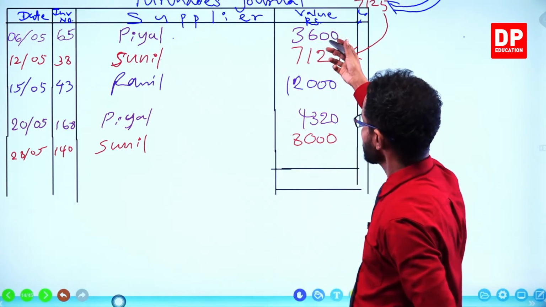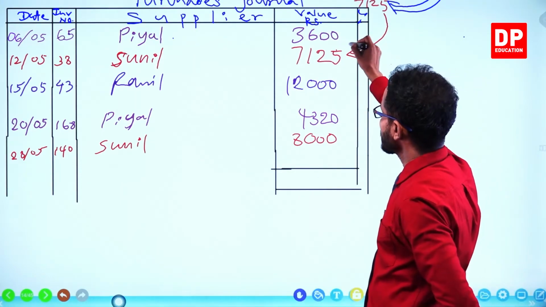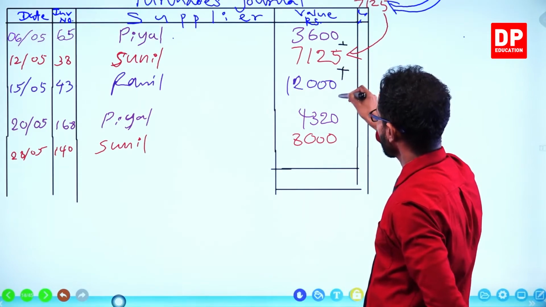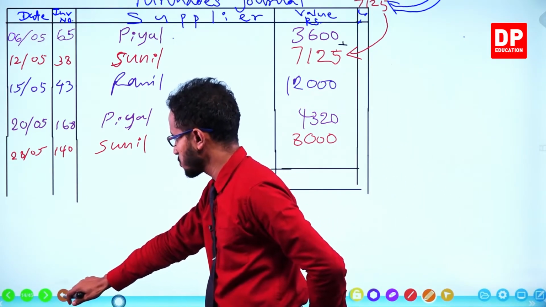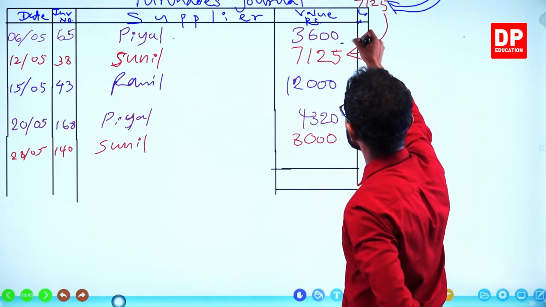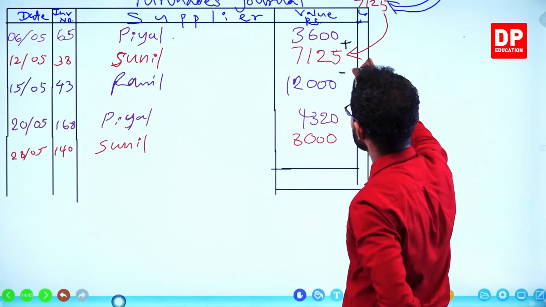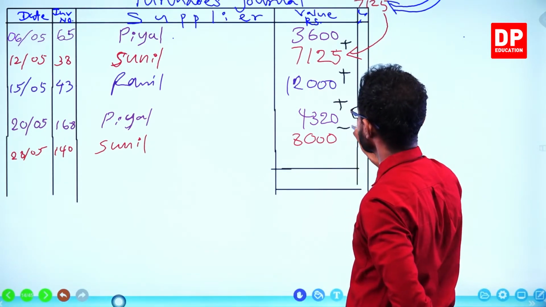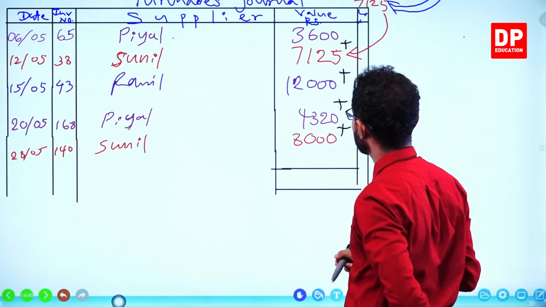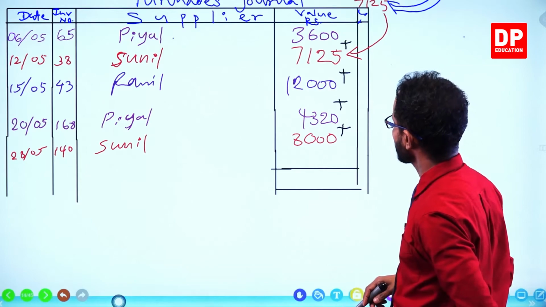Right, children. Just focus on the value column now. It's just a matter of adding up the individual amounts. 3,600 plus 7,125 plus 12,000 plus 4,320 plus 8,000.